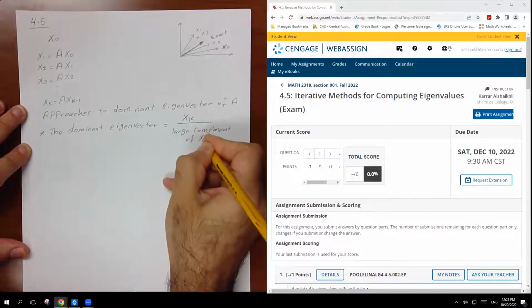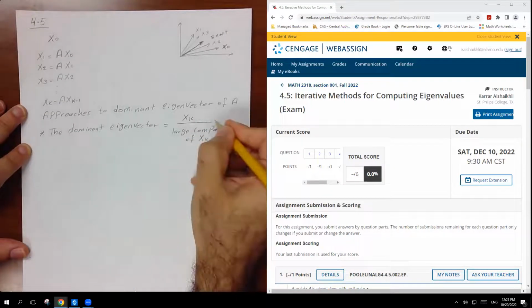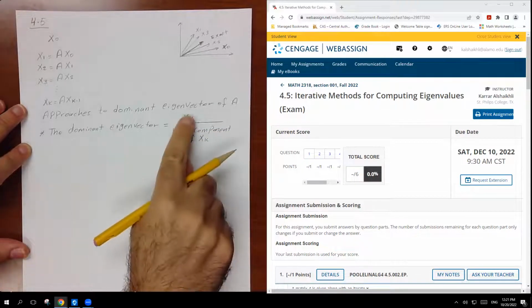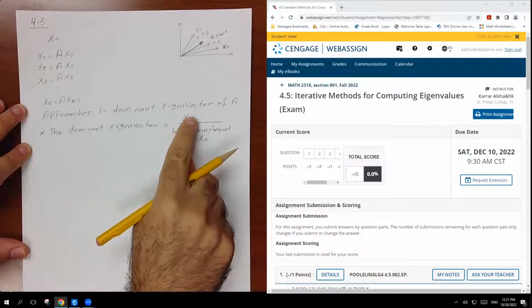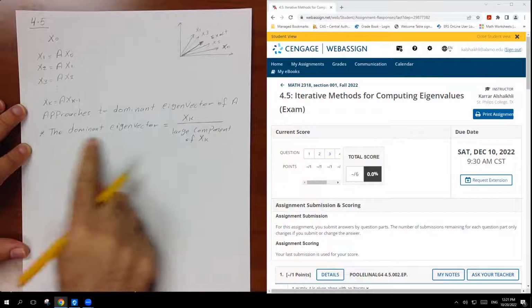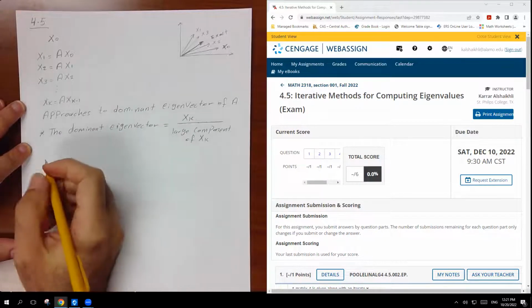By dividing each component of the vector by the large component, you're going to get the dominant eigenvector. The eigenvalue, I'm going to use this information.